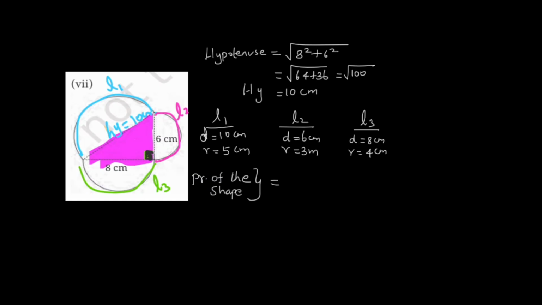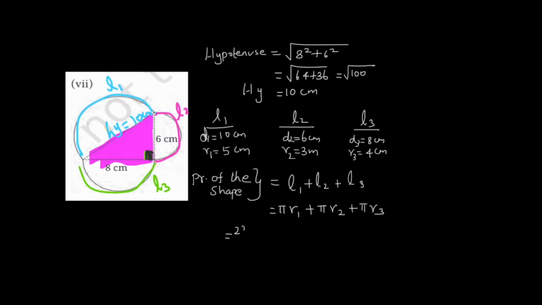Perimeter of the given shape is L1 plus L2 plus L3, that is pi R1, pi R2, pi R3.